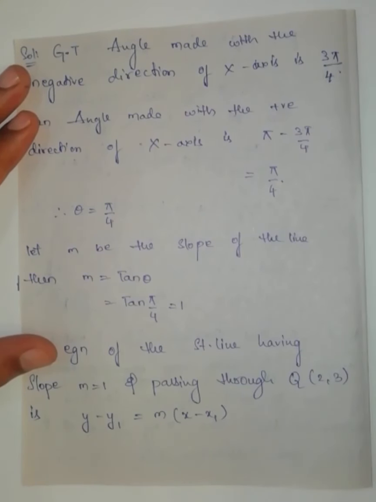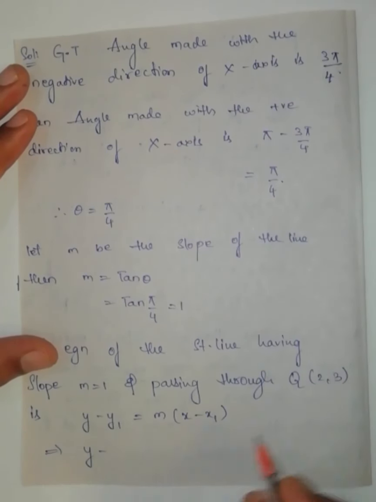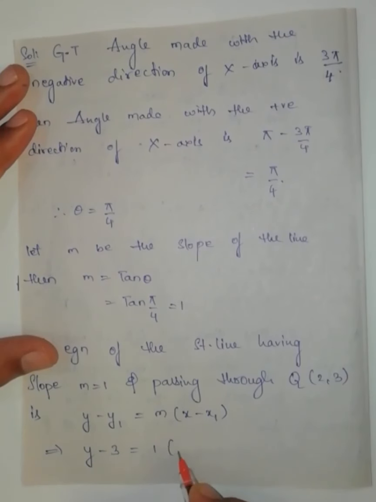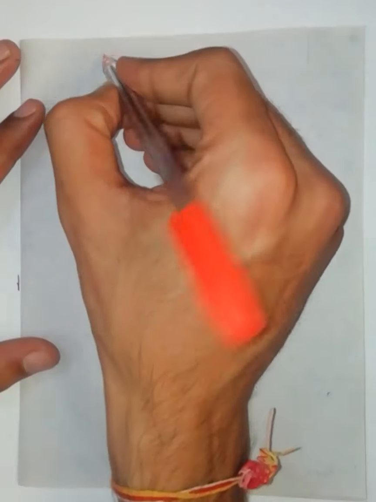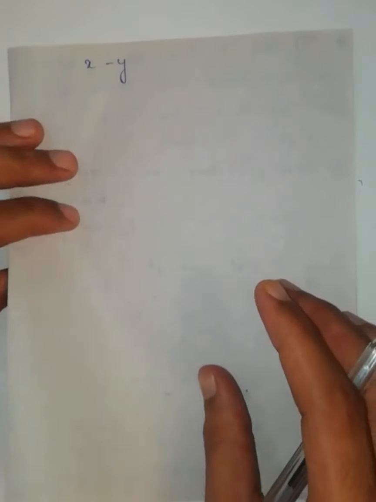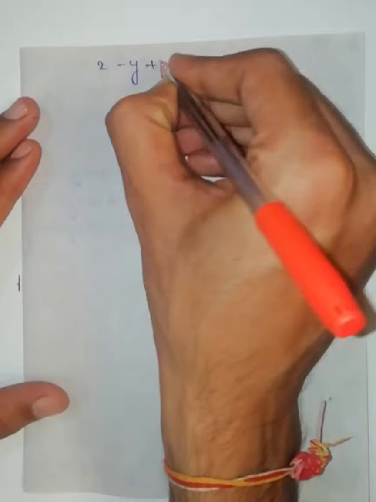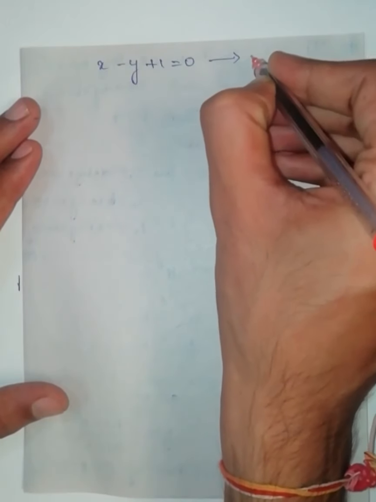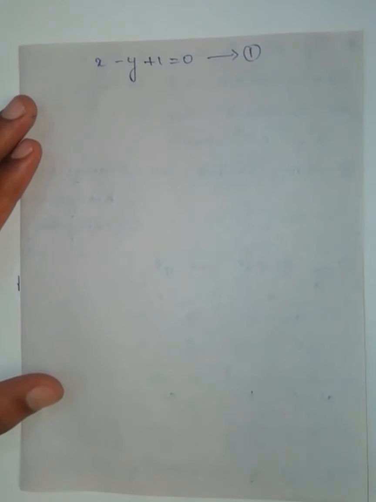That is a point slope form. This implies y minus y1, that is 3, is equal to 1 into x minus 2. This implies y minus 3 is equal to x minus 2. Now I am taking all one side. We will get x minus y plus 1 is equal to 0. Equation number 1.